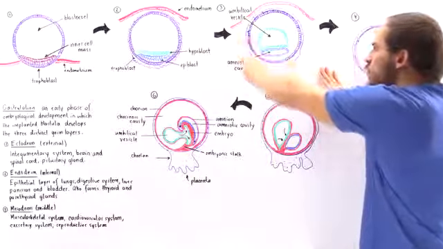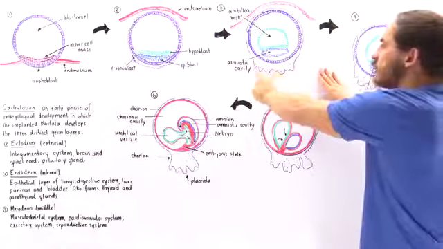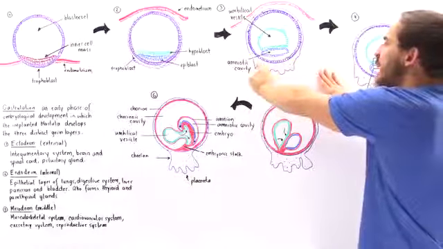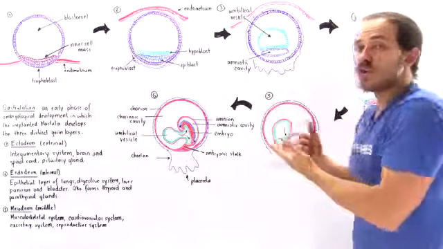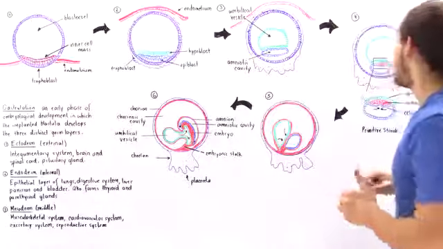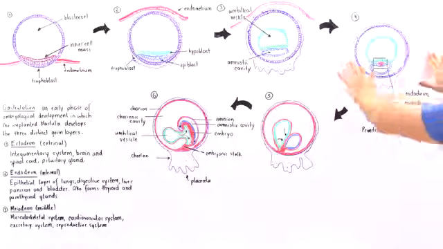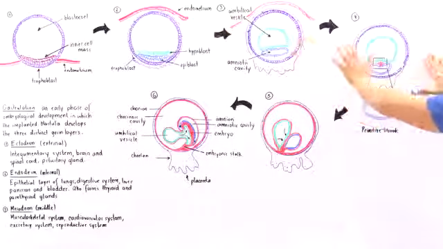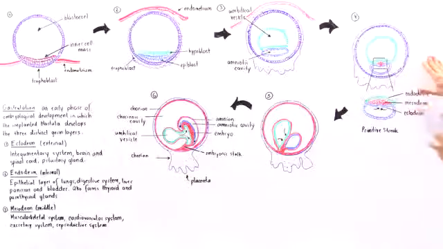Now, we also have this extension of the trophoblast, this purple section, that will develop into the chorion and ultimately into the placenta.